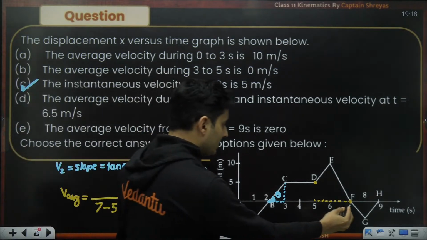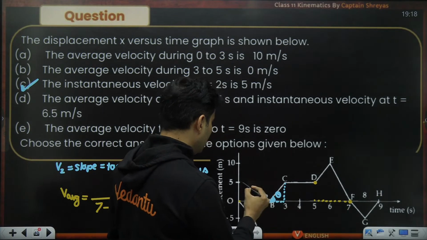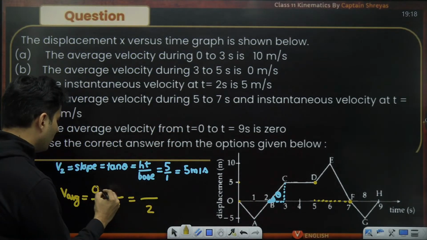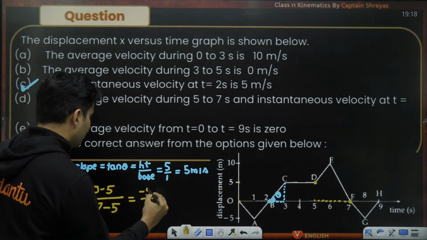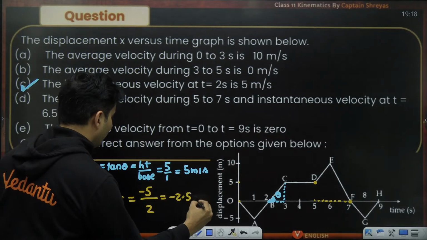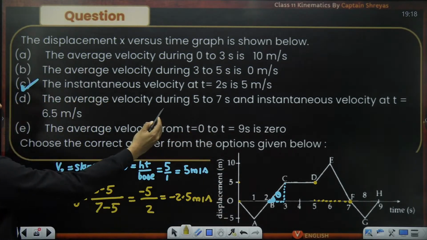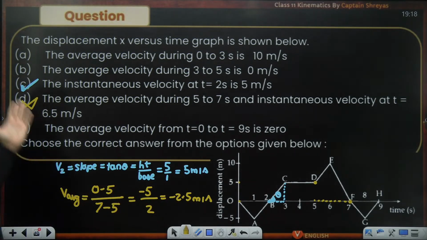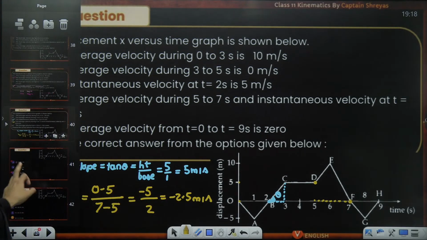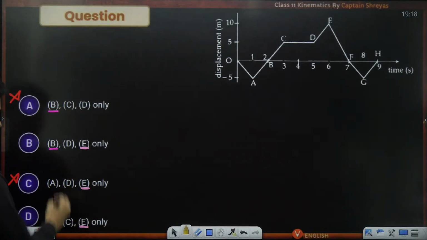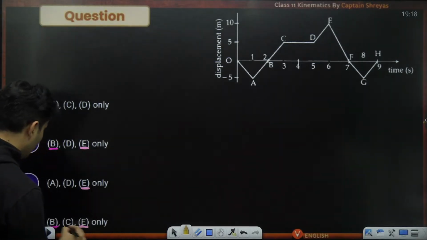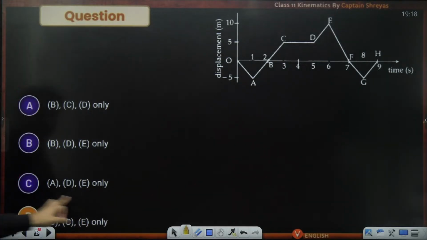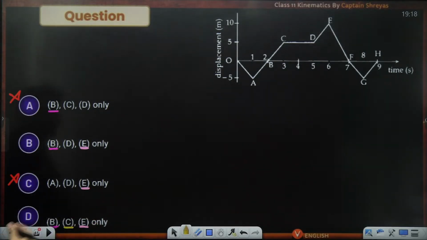And position wise, final is 0, initial is 5. So 0 minus 5, which is minus 5 by 2, which is minus 2.5 meters per second. And it says 6.5, which is 100% wrong. So D is wrong, C is correct. So naturally, if D is wrong and C is correct, option D should be the right answer. Got it? How we narrowed it down?